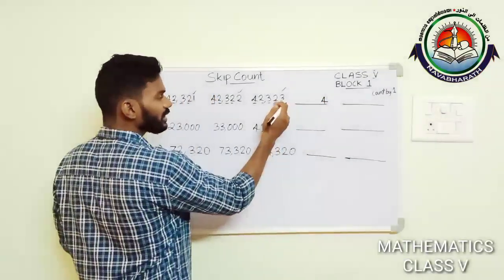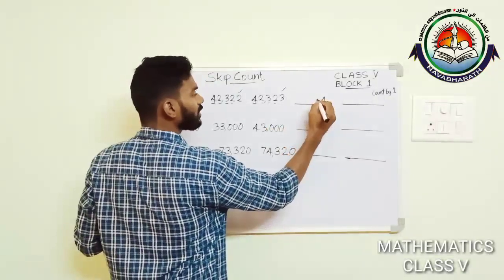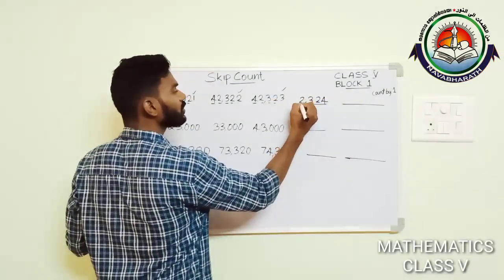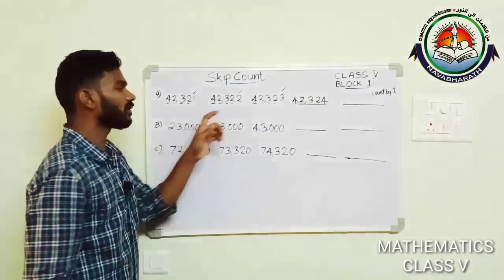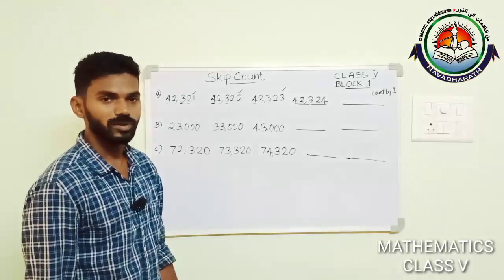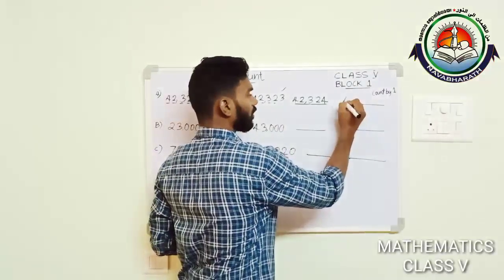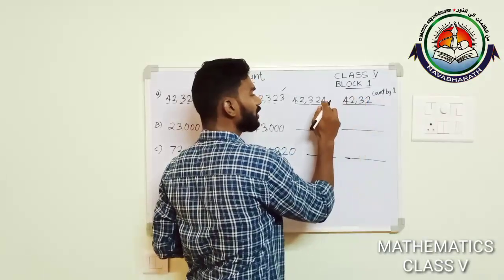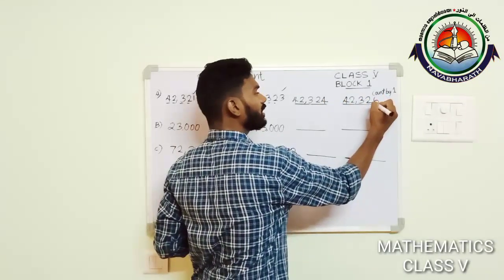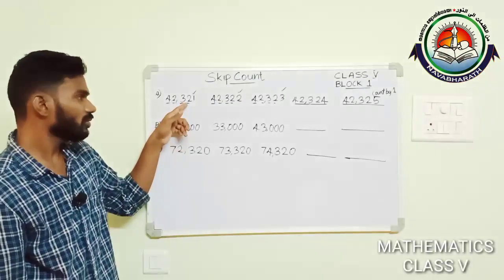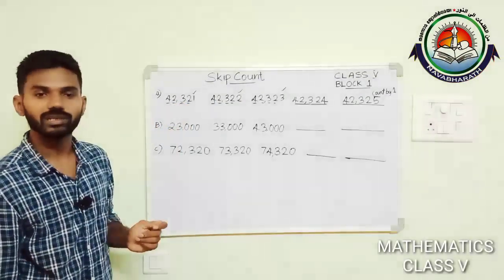And there is no change for the other digits. So 42,324. What would be the next? 42,325. Instead of 4, we have to write 5. Clear?